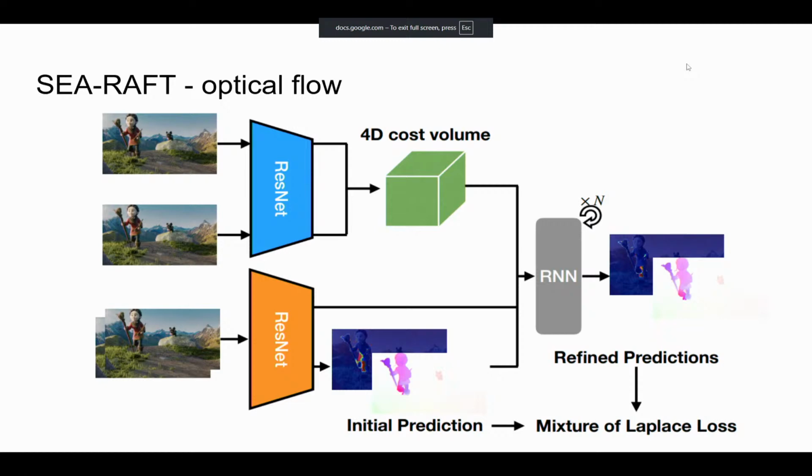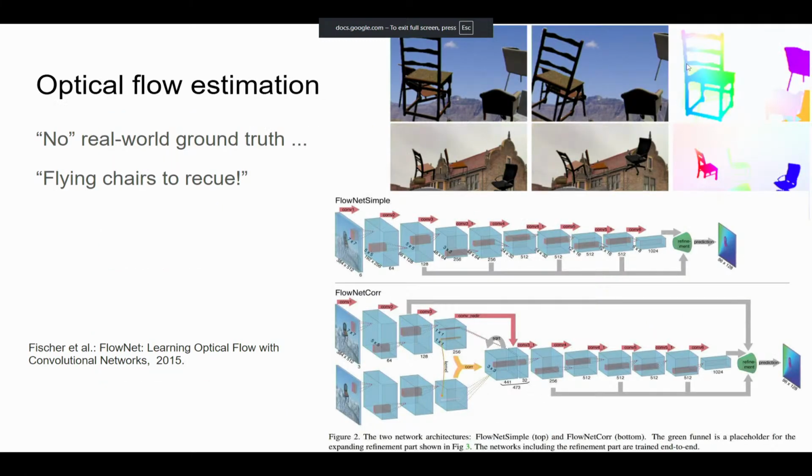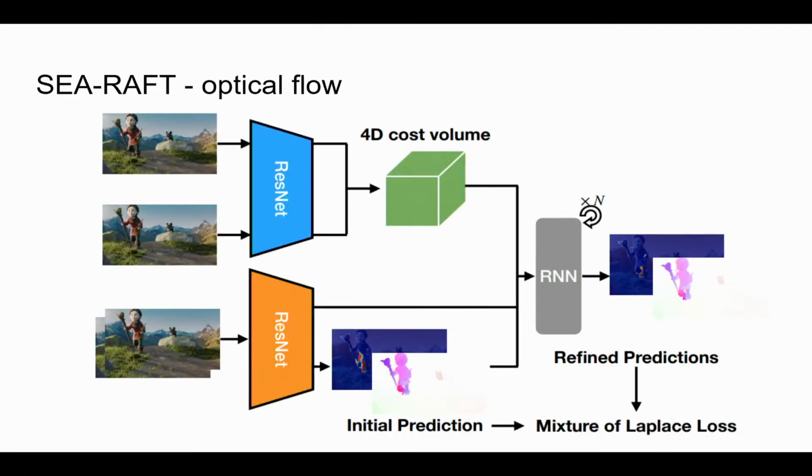Anyway, why am I showing this? I said that we had those networks which had convolutions, attentions, and so on. These optical flow networks are slightly different because they tend to use slightly different layers and operations.